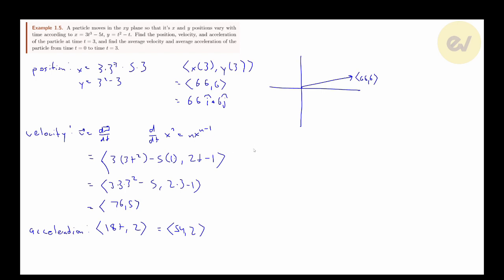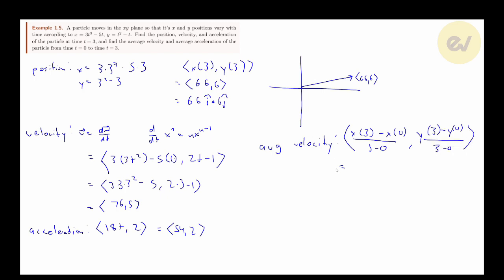Alright. Now for the average velocity and average acceleration, which is slightly different. The average velocity means the velocity over the entire interval. So for the average velocity, we can just take x of 3 minus x of 0 over 3 minus 0, which is just standard finding a slope, and then y of 3 minus y of 0 over 3 minus 0.